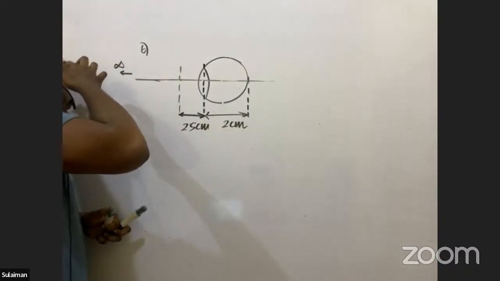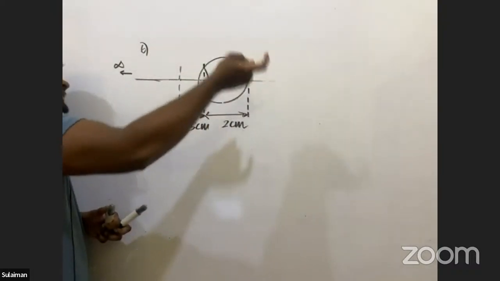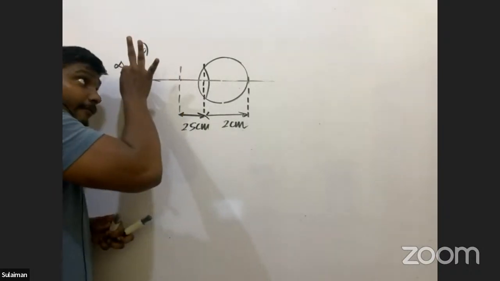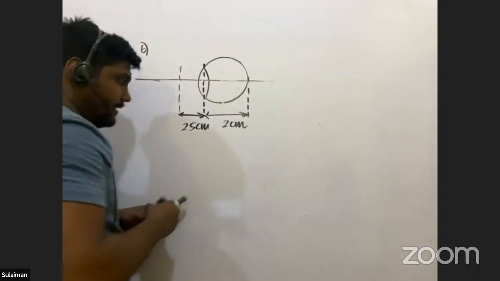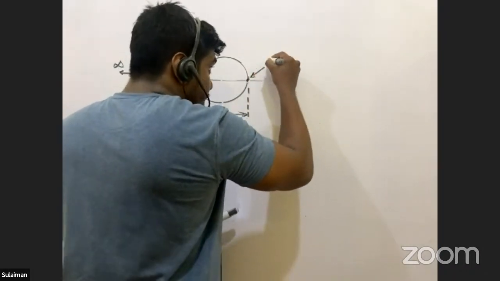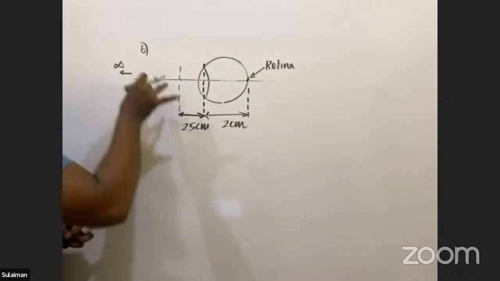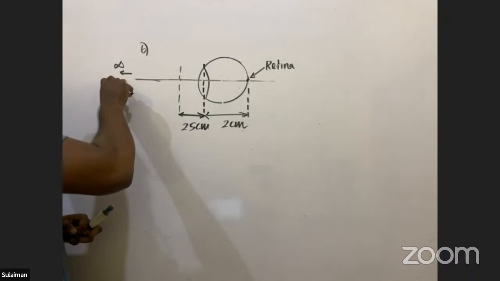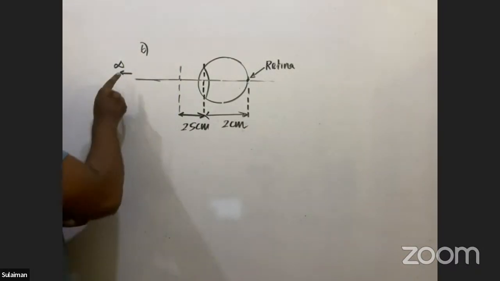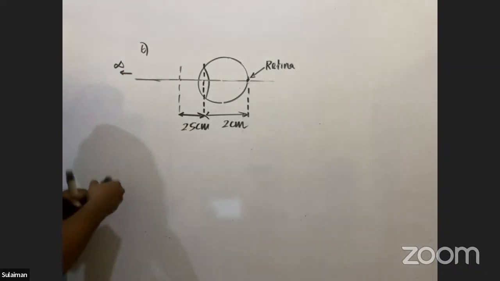That means even if you keep the object at infinity, light rays are focused exactly on the retina. We know that when the object is at infinity, light rays are parallel to the principal axis.